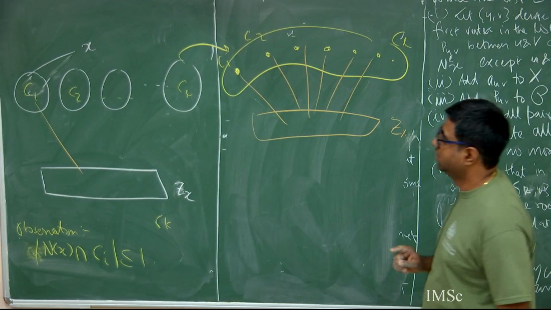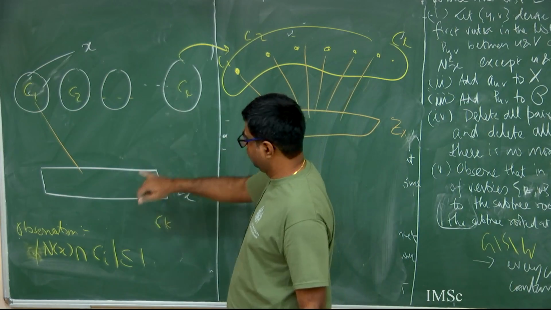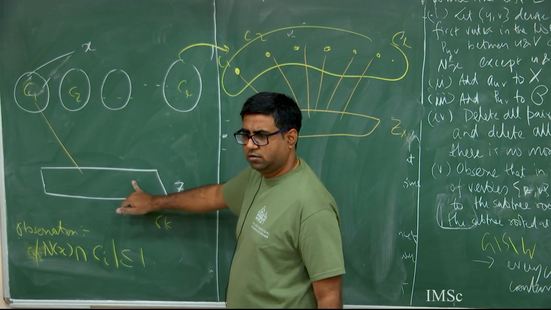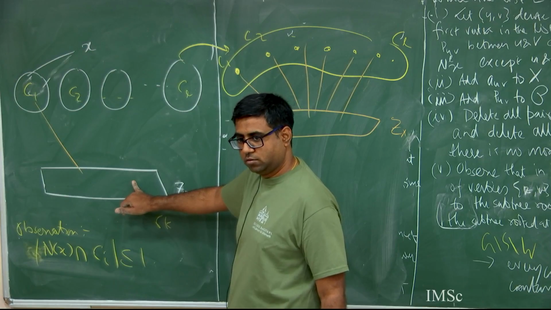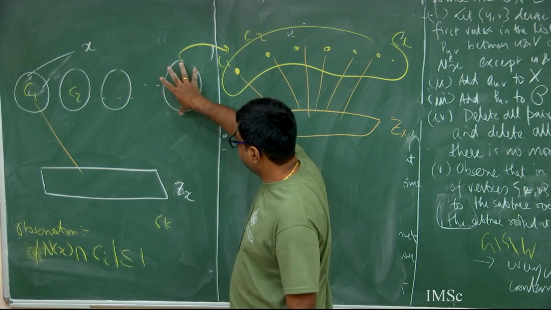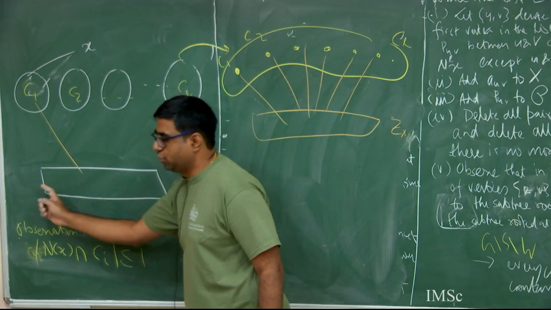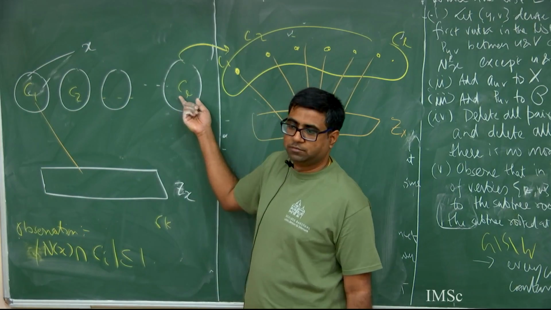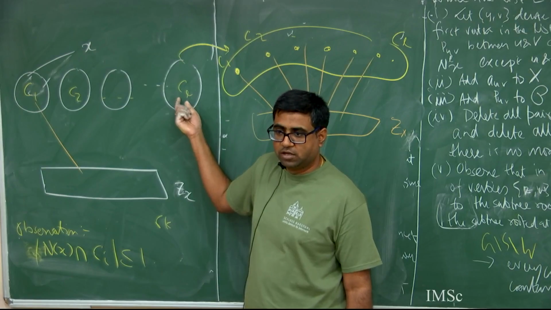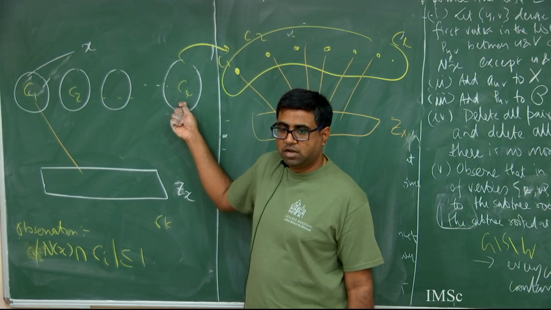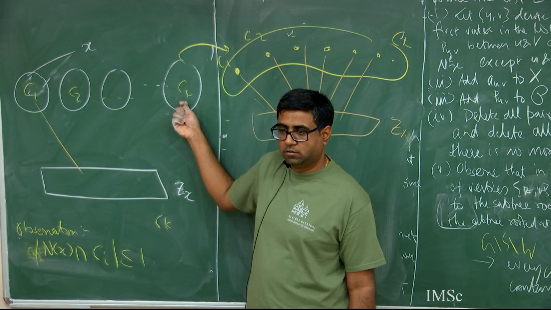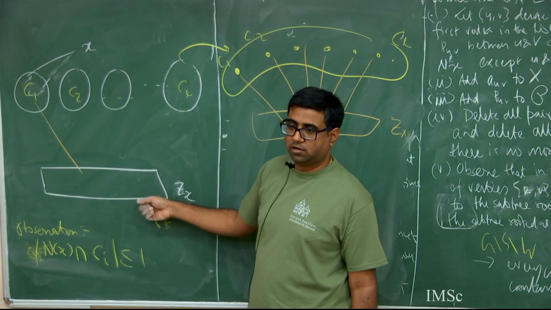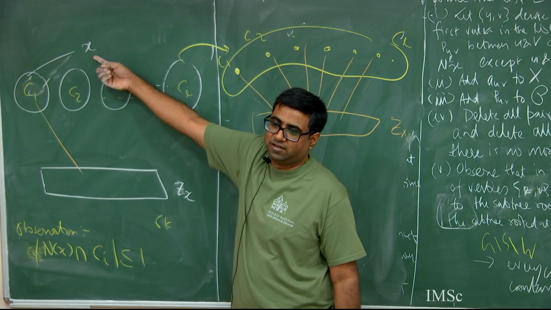Question number 1: is it possible that there exists a connected component which does not have a neighbor here? Is it possible that a connected component has absolutely no neighbor here? No, because it's a forest, so it's a tree. So there's a degree 1 vertex. The graph has minimum degree 3. So this vertex must have a neighbor here, because in the worst case it can have one neighbor here.